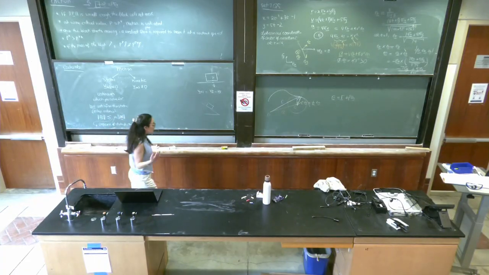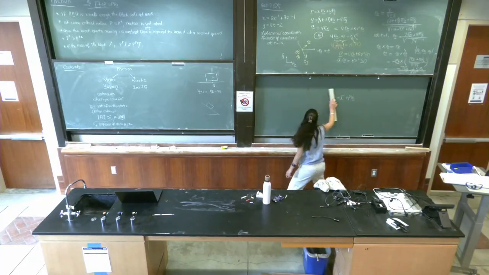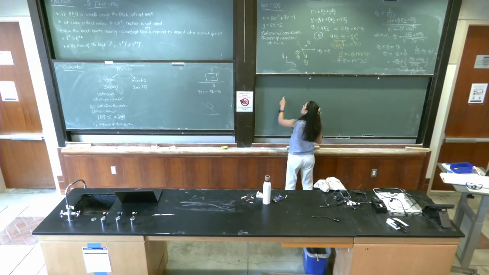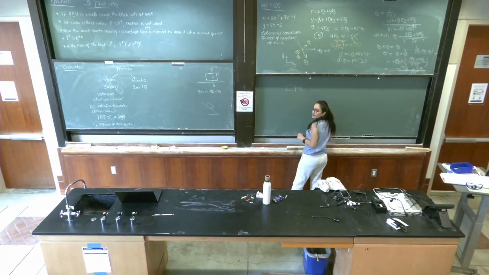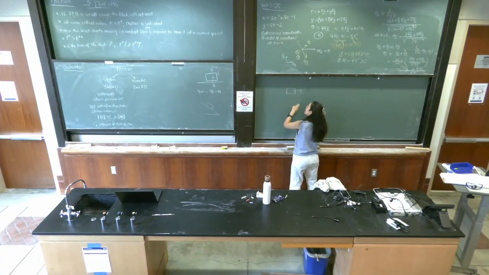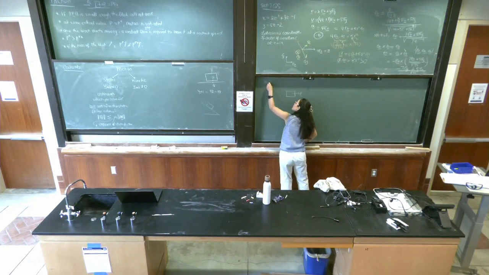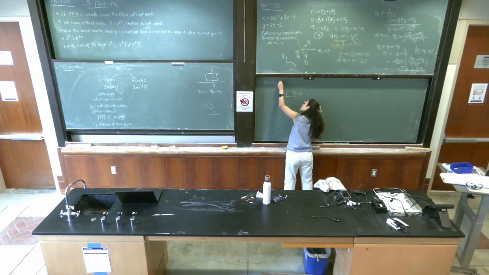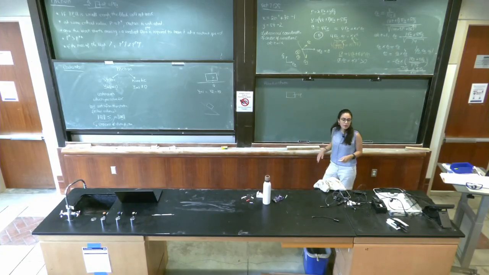So I can go back and think of my experiment. I'm pushing the block with a force P, okay? So let's say when the block is static, what are the forces acting on the block?